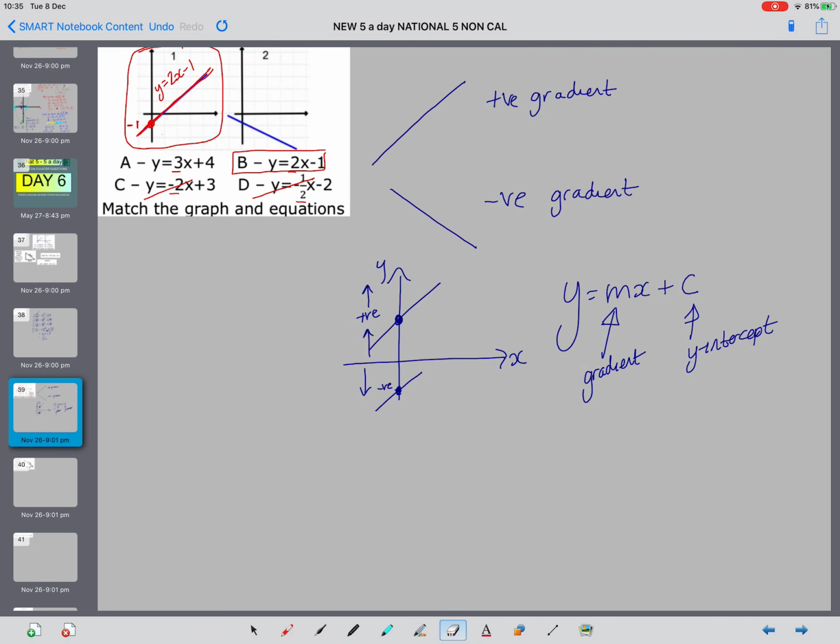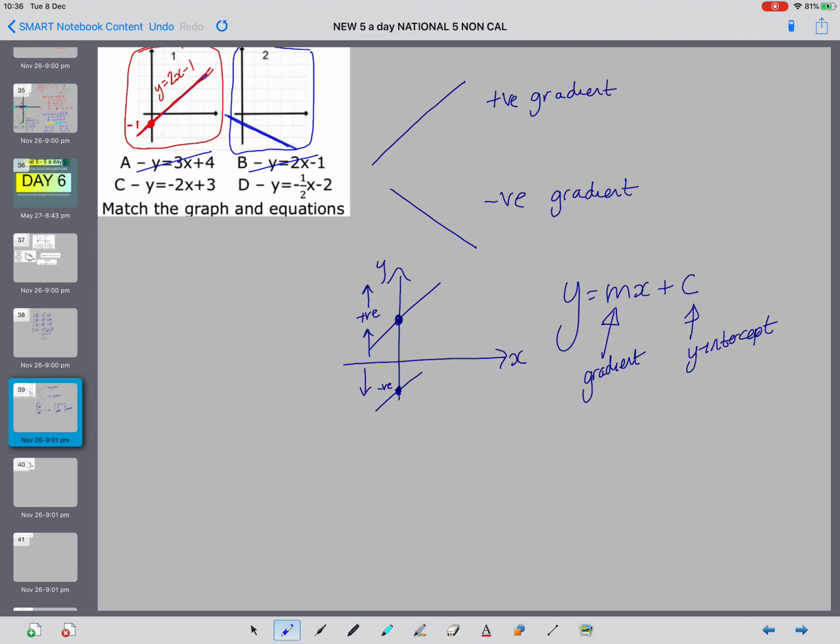Okay, right, let's flip that part out, and then let's look at this graph, sorry, graph 2. So it's sloping down this way, so I know it's going to be a negative gradient, so it can't be B and it can't be A. So I know it's going to be C or D. Again, where does it cut?